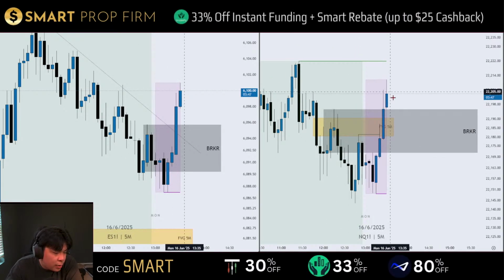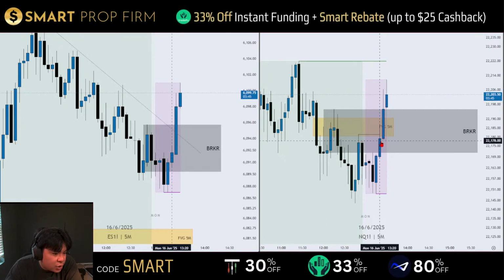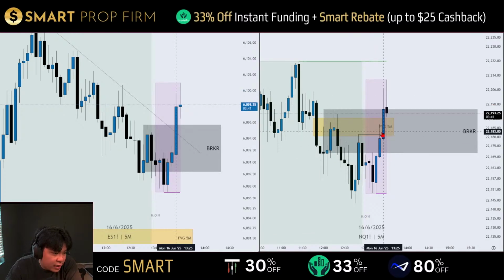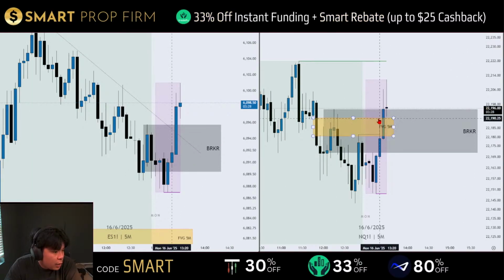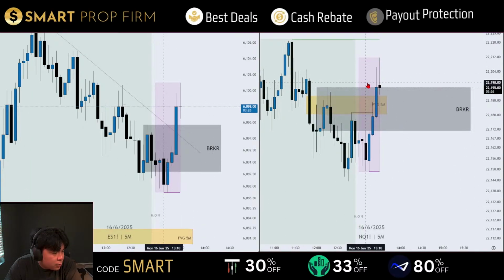Like we were giving a shot short at, what was it? 60s, stop at 70, and this ran up another 40 points. So I think that's still a good win that we just let that ride out instead. And now we're about to get back inside this bullish breaker here.